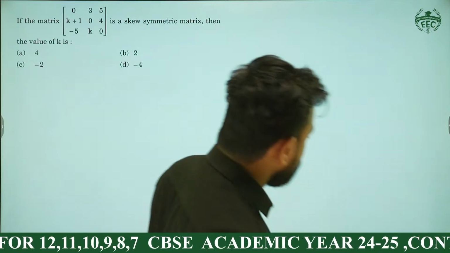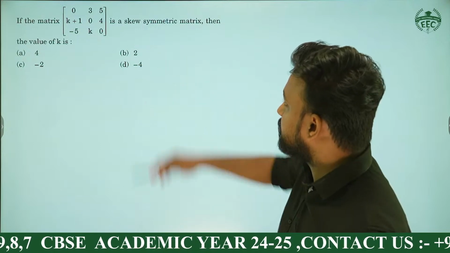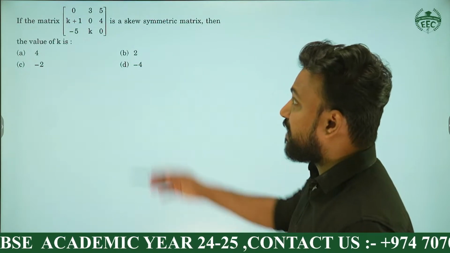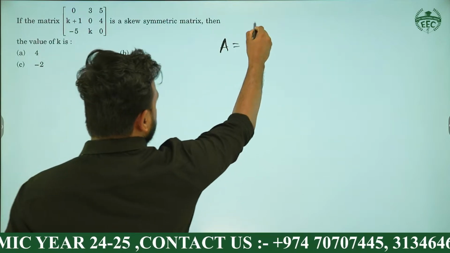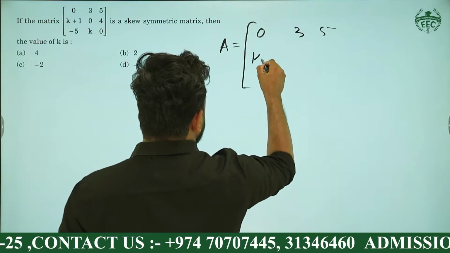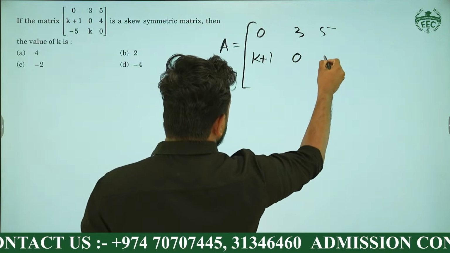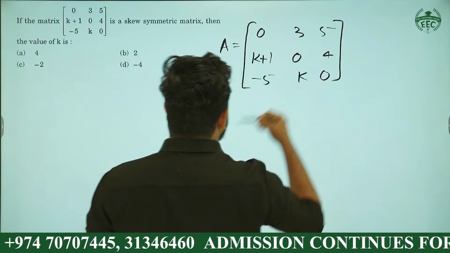Okay. The next one. If the matrix A is a skew symmetric matrix, then find the value of K. What is matrix A? It is [0, 3, 5; K plus 1, 0, 4; minus 5, K, 0].